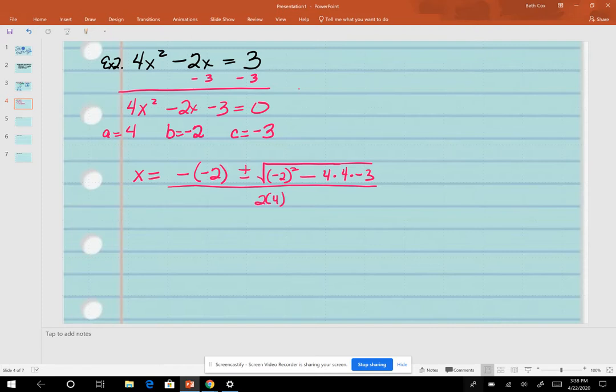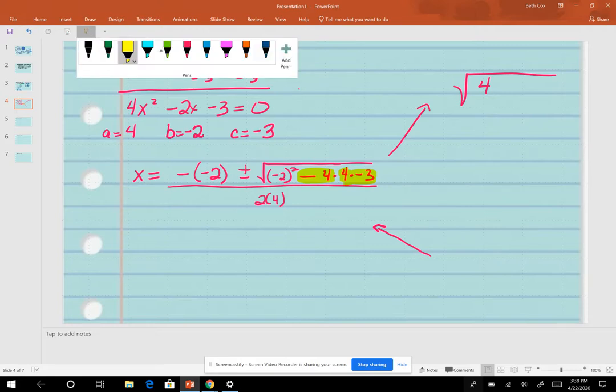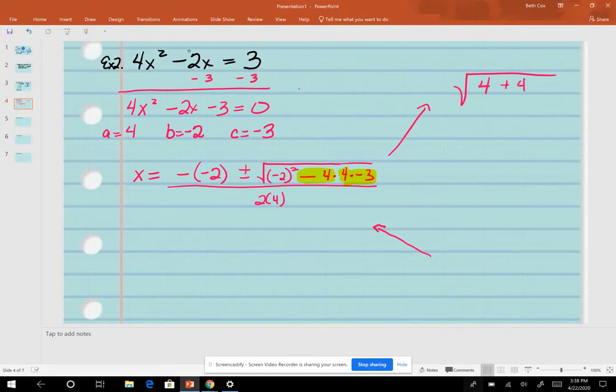Now we're going to do the radical all the way. We're going to take our radical out, just focus on it, and then we'll bring it back in when we're done focusing on it. So the radical: I'm going to have positive 4, negative 2 times negative 2 is positive 4. And then this right here is a negative times a negative, so that's a plus 48.